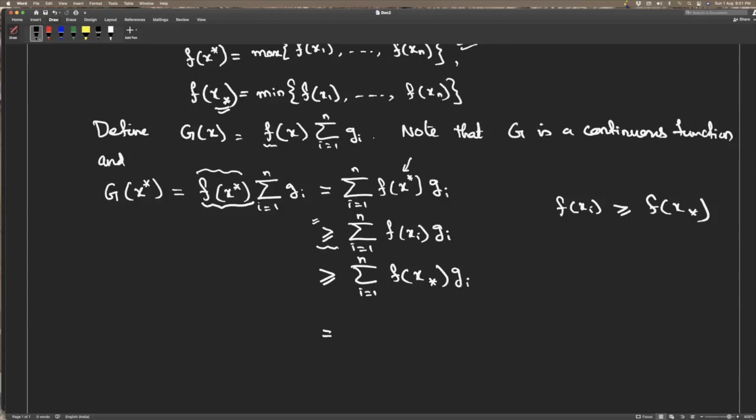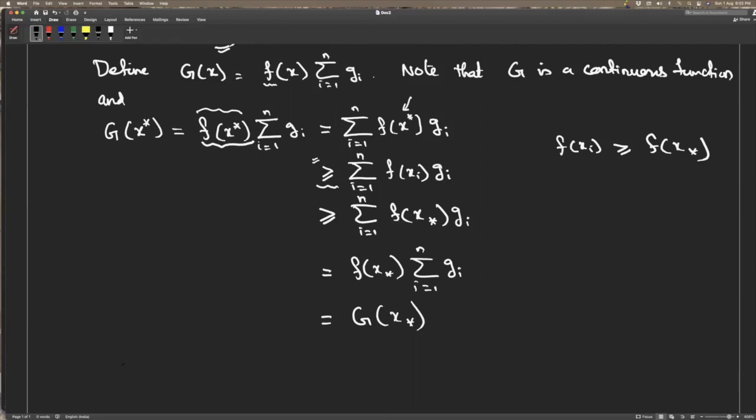Now you pull it out of the sum because it's a fixed number, and you get sigma i equal to 1 to n gi, and that is precisely your capital G of x star. Therefore, what we got is capital G of x suffix star is less than or equal to capital G of x superscript star.